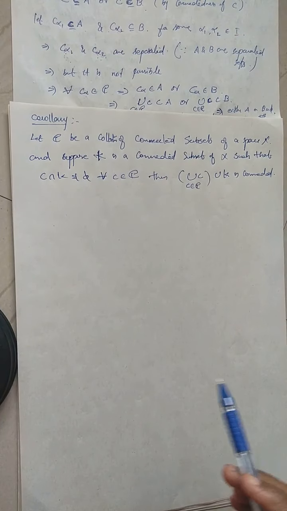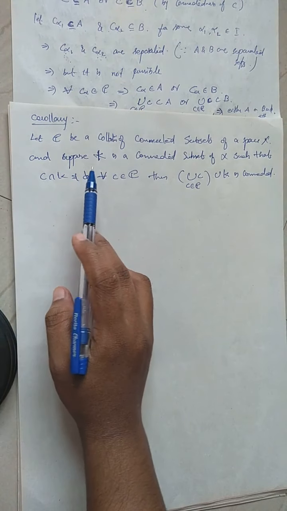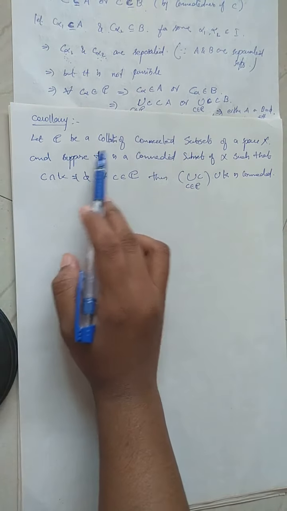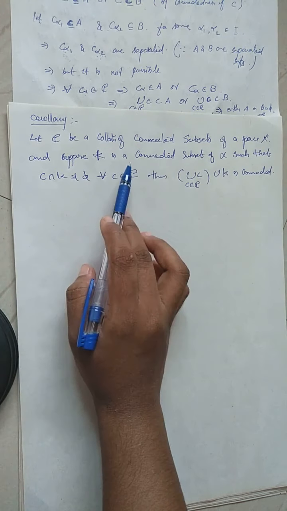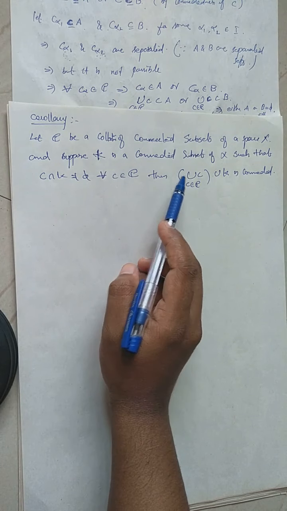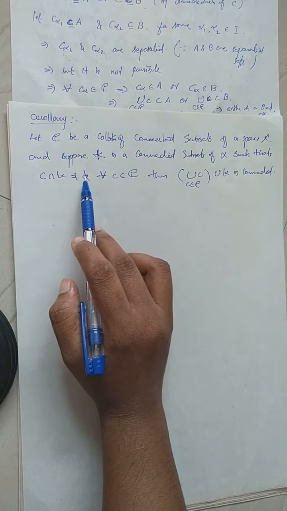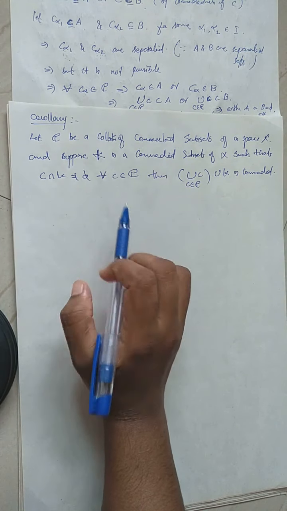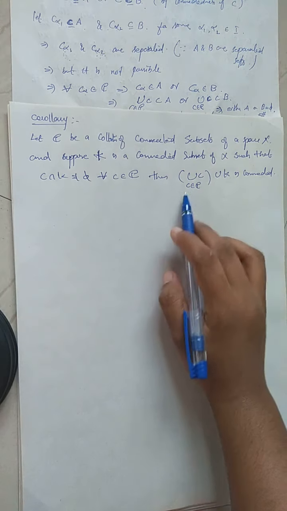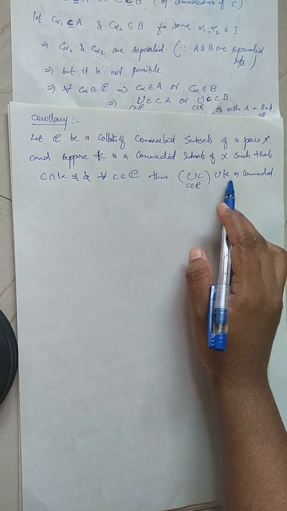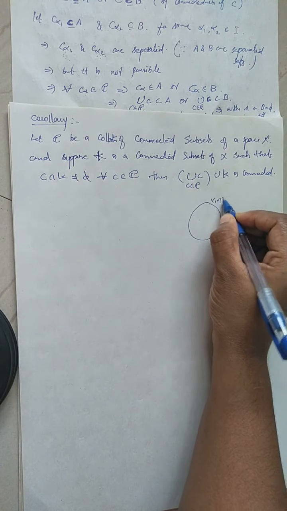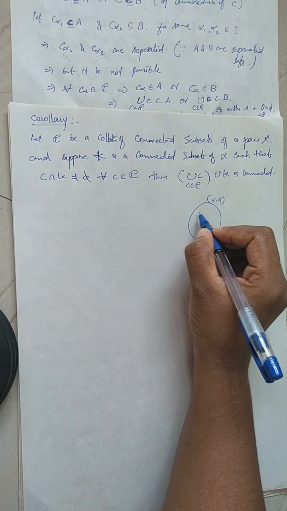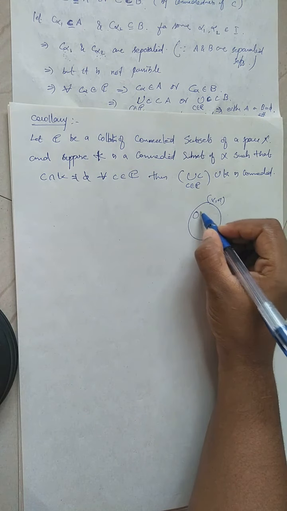Now consider the corollary of the previous theorem. Let C be a collection of connected subsets of a space X, and suppose K is a connected subset of X such that C intersection K is not equal to empty for every C in C. Then the union of C in C, union K, is connected. That means suppose we have a topological space X. Then you consider some collection C of connected subsets.